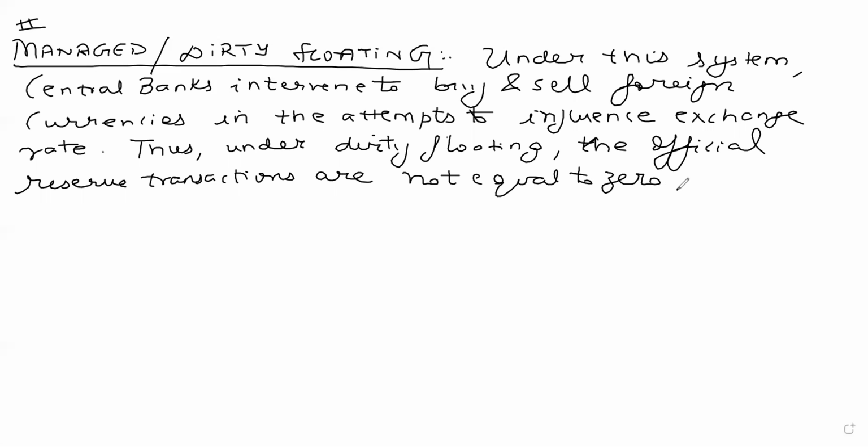That simply means that under managed or dirty floating, the official reserve transactions are not equal to zero, because the central bank is intervening in this case. So hoping that students have understood the concept of fixed and flexible exchange rate regimes and the fancy terms we have just seen, called clean floating and dirty floating.